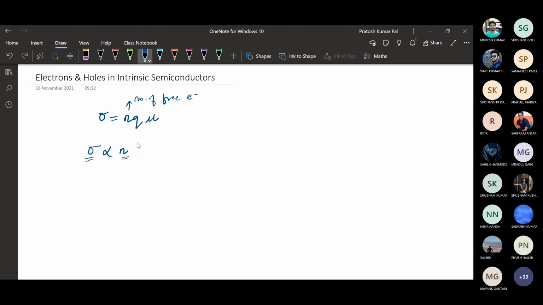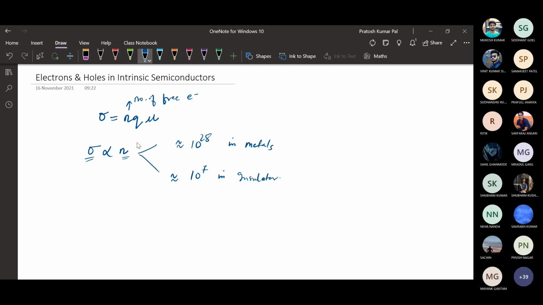So this n value depicts the conductivity of a particular material. The n value is around 10 to the power 28 in the case of metals, and around 10 to the power 7 in insulators.